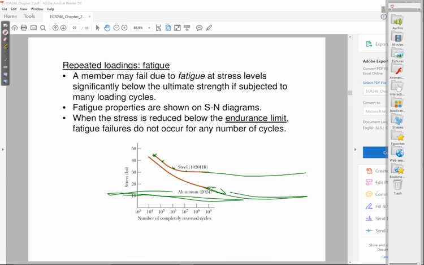What this is supposed to do is show you how you would use the plots that are in those handbooks, so you're aware of this phenomenon and what you do if you encounter something like this. Let me move on.